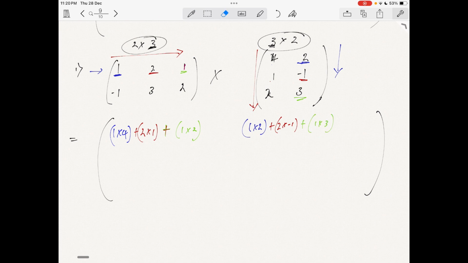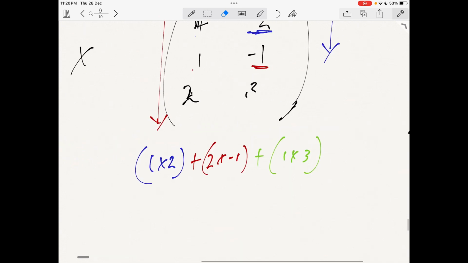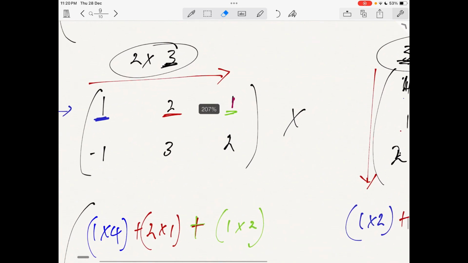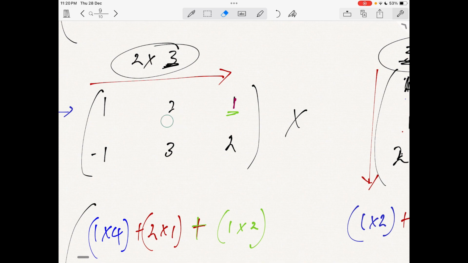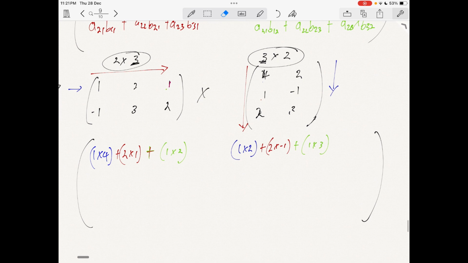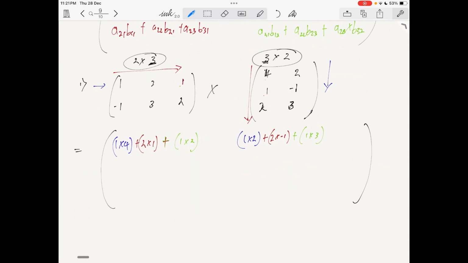Now we are done with the first row of the resulting matrix, because we are multiplying a 2 by 3 matrix by a 3 by 2 matrix, and it is very, very important to know that the result will be a 2 by 2 matrix. So with that, let's move to the second row of the resulting matrix. Now we repeat the same order.